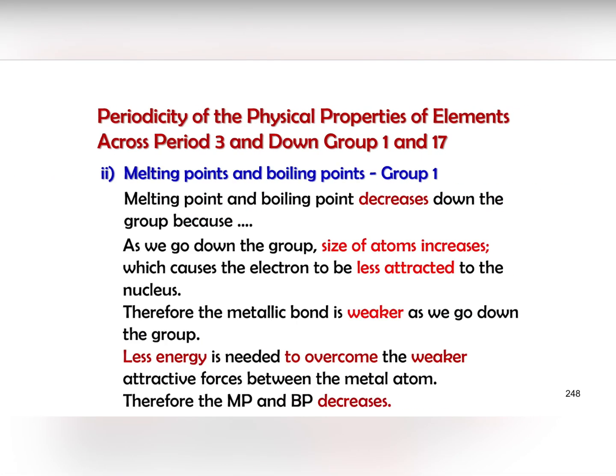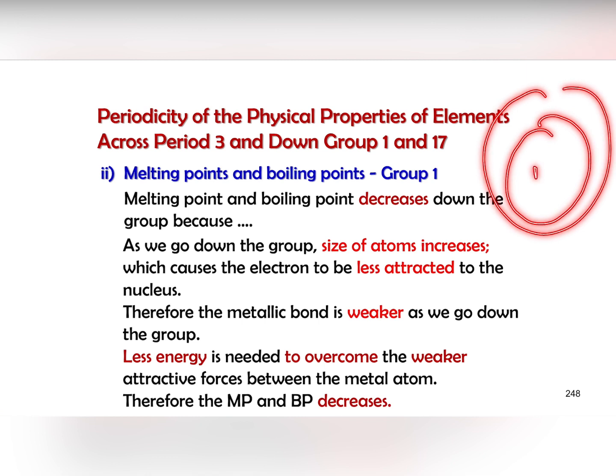Right, so melting point and also boiling point decrease down the group because as we go down the group, generally the size of atom increases. Ingat balik ansatz. Okay, so this will cause the electron to be less attracted to the nucleus. So maksudnya radius dia semakin besar, jarak outermost electron tu dengan nucleus jadi semakin jauh.